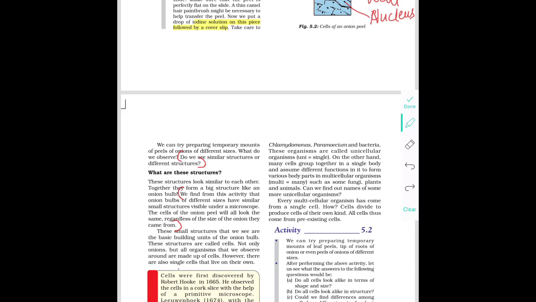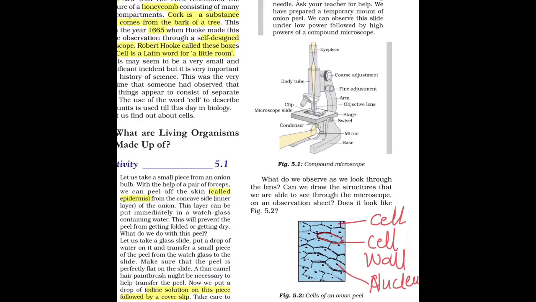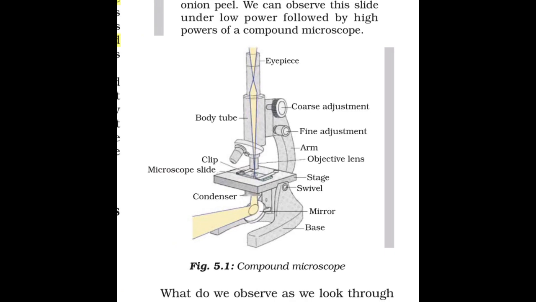Moving further up in this chapter, let us explore a little bit about the microscope. I hope you are able to see the figure very clearly. Now, this microscope is a compound microscope which you will be seeing in your school laboratories.